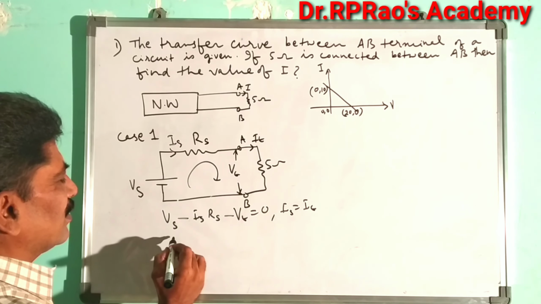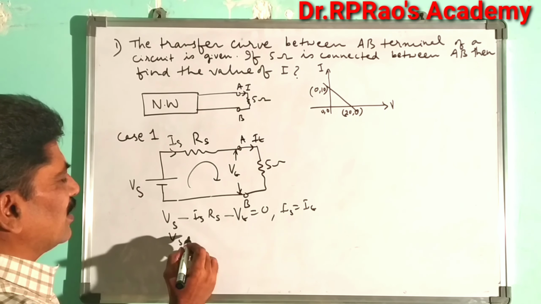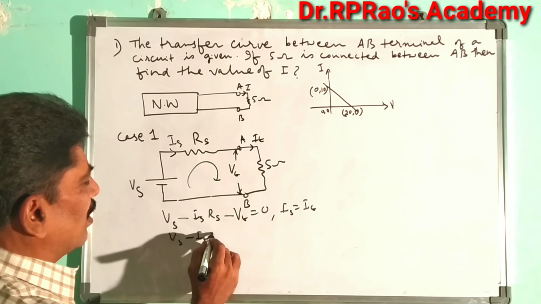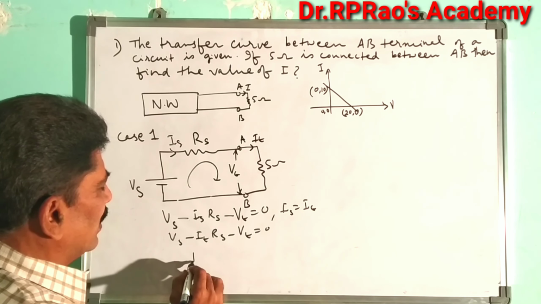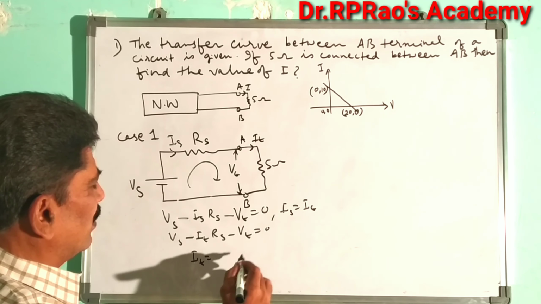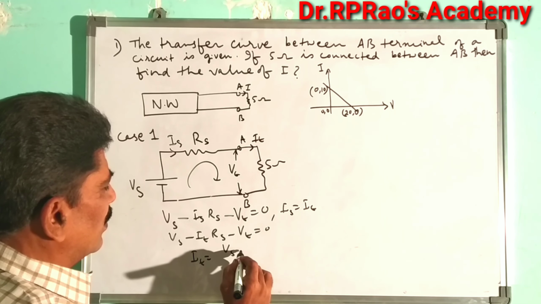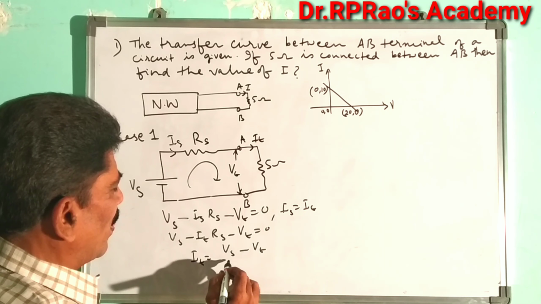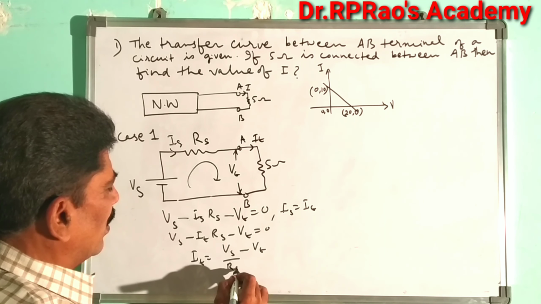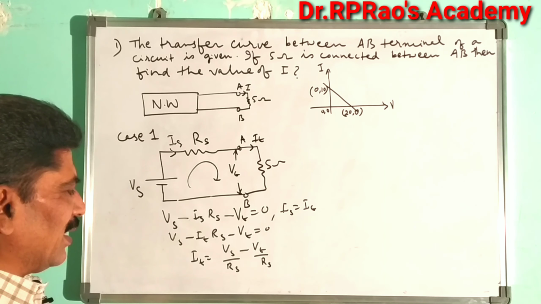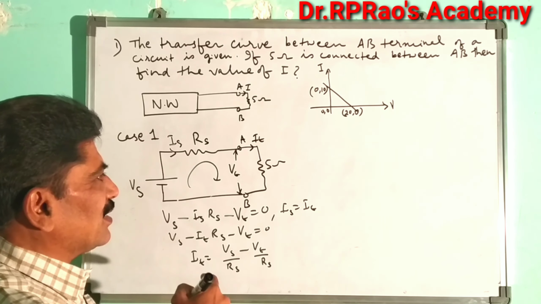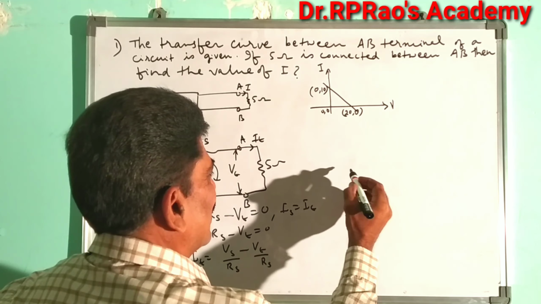So this can be written as Vs minus It Rs minus Vt equal to 0. Then It is equal to (Vs minus Vt) by Rs, which is Vs by Rs minus Vt by Rs.